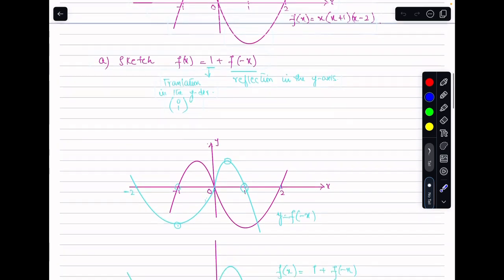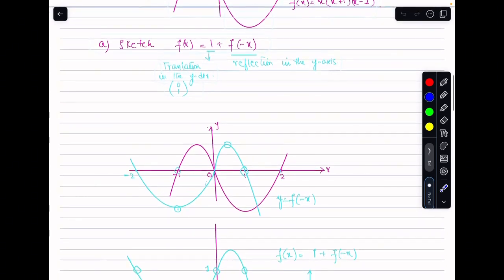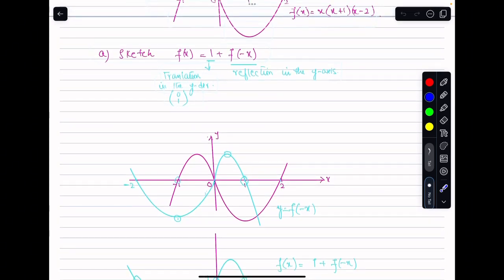So let's start the transformation. For the transformation, I had the basic graph of the function drawn in pink, which was having the roots as -1, 0, and then 2 here. If I need to reflect it in the y-axis, 0 on the y-axis will be invariant. So it will remain where it is. It's on the y-axis.